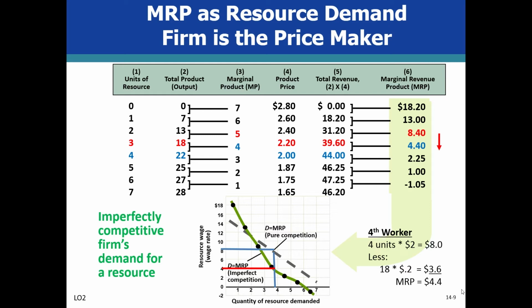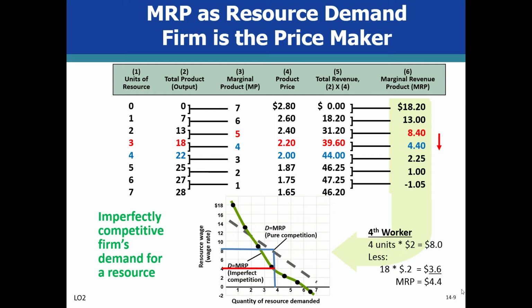Thus, the MRP of the third worker is shown at 8.40 in column 6. The MRP of the fourth worker is only 4.40, as shown on the bottom right.